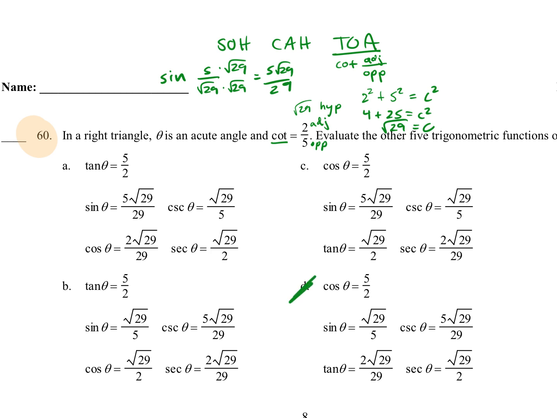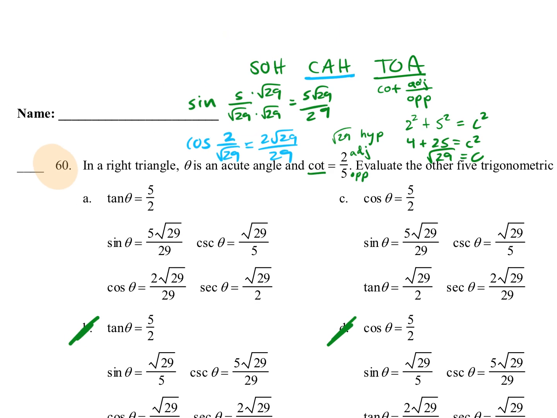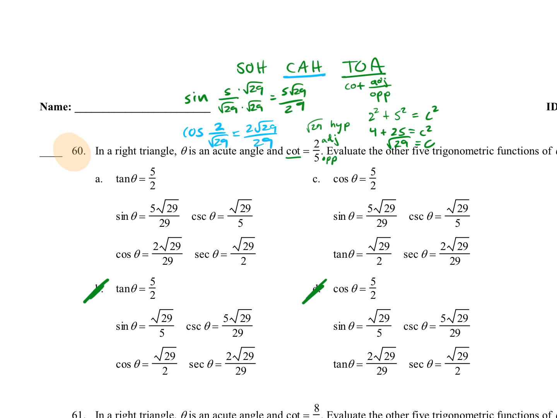So we can cancel out D and B. Let's find cosine next. So cosine is adjacent over hypotenuse. So adjacent is 2 over square root 29. When we rationalize, we get 2 square root 29 over 29. So which answer choice would that be? A. That would be answer choice A.